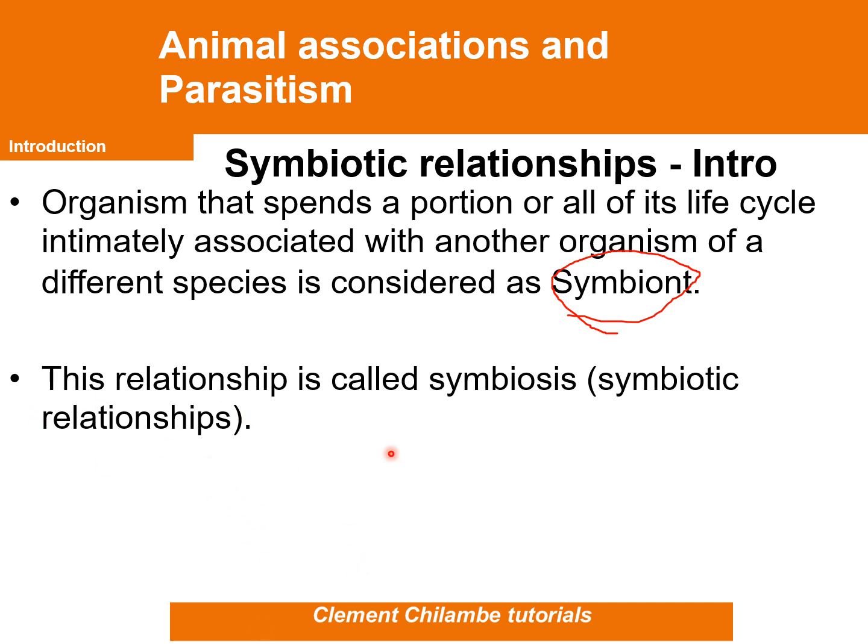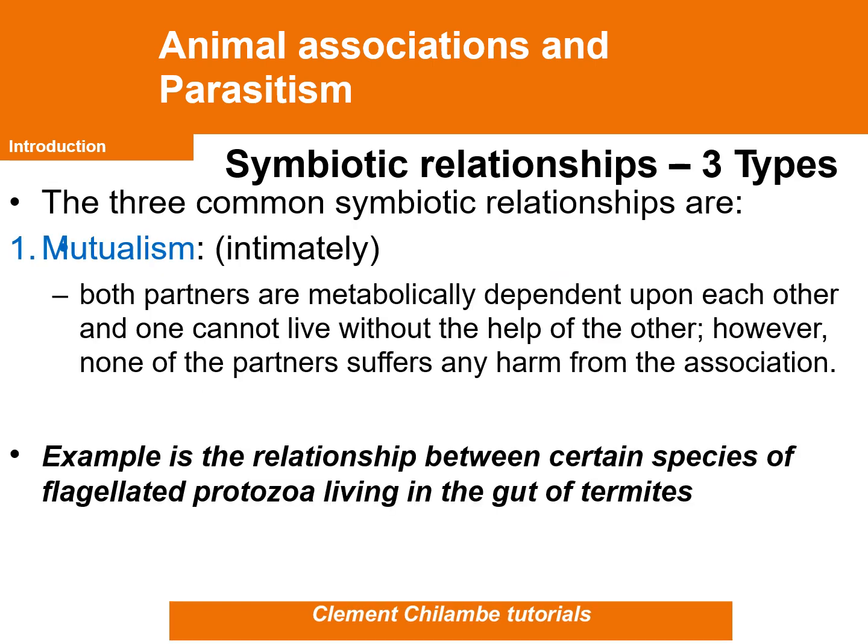This relationship is called symbiosis, symbiotic relationships, as we've already said. Under symbiotic relationships, there are three types. The three common symbiotic relationships, the first one that we're going to discuss, is mutualism. We can easily relate this word to those of us who use Facebook: a mutual friend.